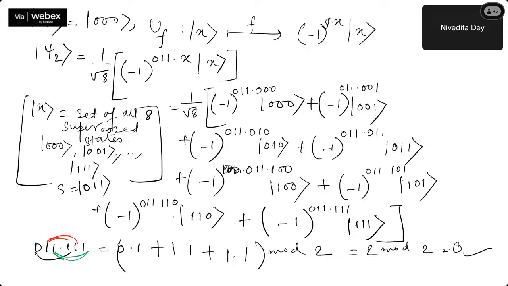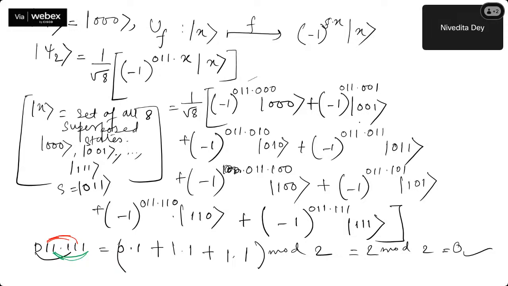Similarly, if you compute all the values, which I'm not doing to save some time, you will be getting either (-1) to the power 0 or (-1) to the power 1. For example, for the second one, 0 into 0 is 0, then 1 into 0 is 0, then 1 into 1 is 1.